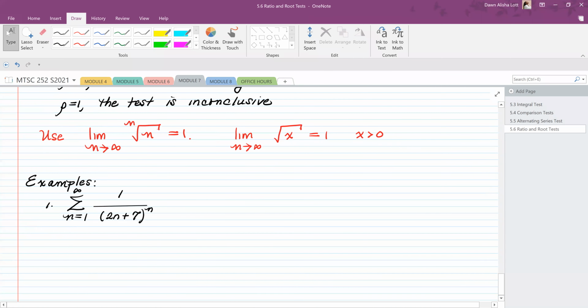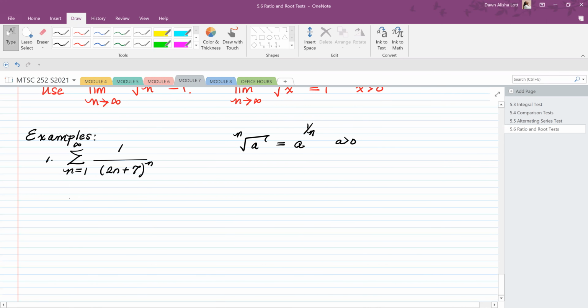Now remember, the nth root of anything is simply that thing to the 1 over n. So that's basically what that means. Okay, so here, identify an. It is 1 over 2n plus 7 to the nth power.